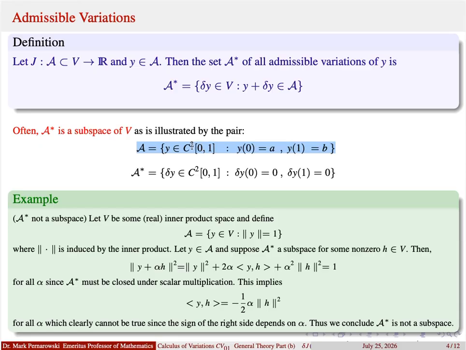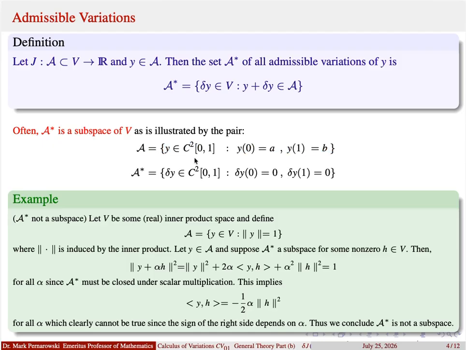So these are twice continuously differentiable functions on the interval [0, 1], and this is a subset of C2 with the value of y at one endpoint being fixed to a and the other endpoint being fixed to b. But in between 0 and 1, y of x can be anything so long as it's C2.